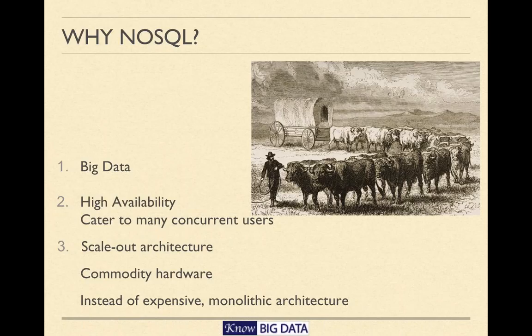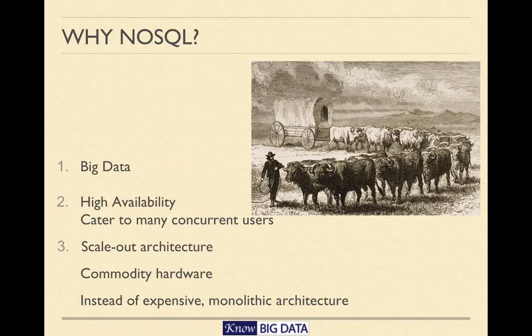You can see in this diagram, they have added all kinds of cattle into the cart. So this is scale out architecture. In commodity hardware, you did not have to add an elephant in order to pull the cart. You were able to get away with the usual commodity cattle, right? Similarly, commodity hardware means it's nothing special, but it does not mean that it's bad hardware.